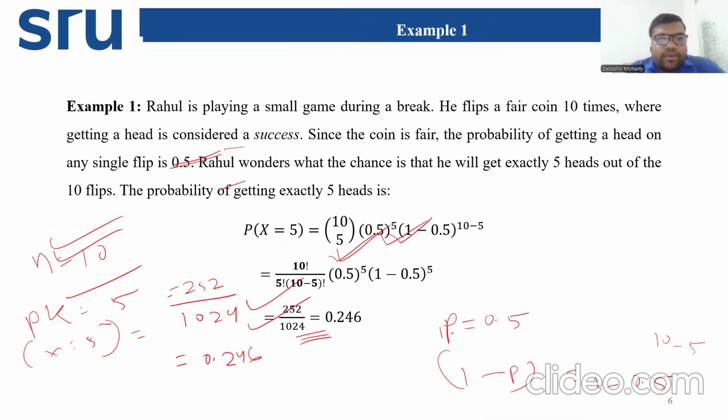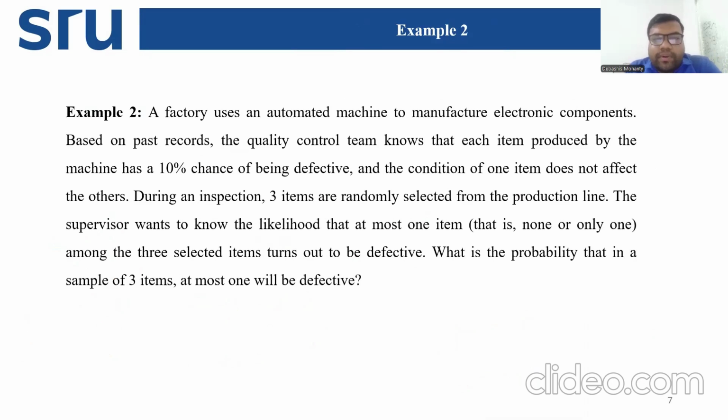Okay, students. So this is a simple problem. Now we'll go deeper into the problem. The problem says a factory uses an automated machine to manufacture electronic components, and based on the past record the chance of a defect is 10%, which is equal to 0.1.